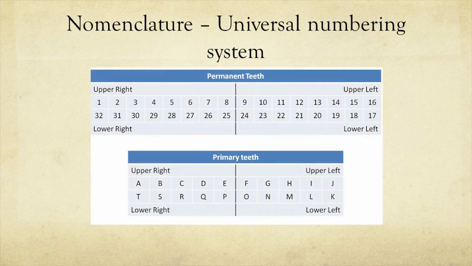The most accepted numbering system of the teeth is the universal numbering system, where we number the permanent dentition from 1 to 32. That said, there are 32 teeth. And when we look into primary dentition, there are 20 teeth, and we number them by alphabets. That's the most isolating identification of the numbering system, which is accepted universally.